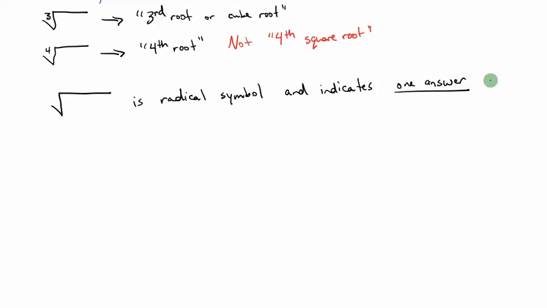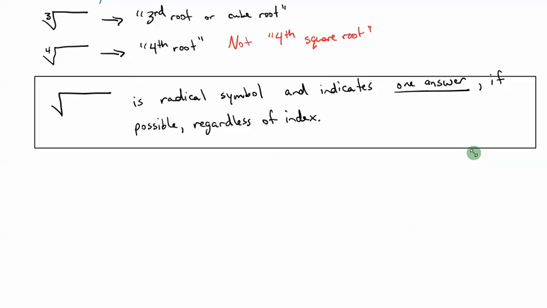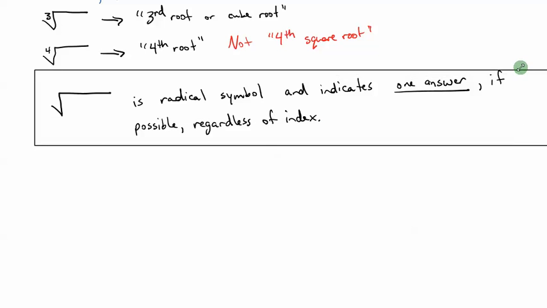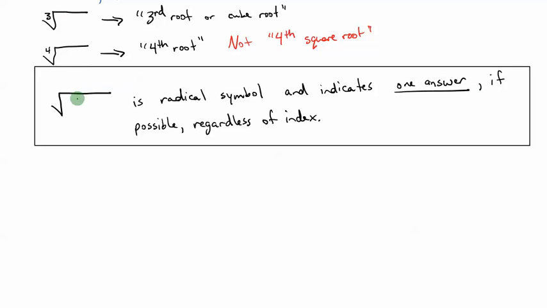It's going to give one answer if possible, regardless of the type of root, regardless of the index. It could be a square root, cube root, fourth root, fifth root, no matter what, it's going to give one answer. It will not give more than one answer. So that's the key to this video, is starting to understand that that's consistent no matter what type of root you're looking at here. This symbol always means one answer.